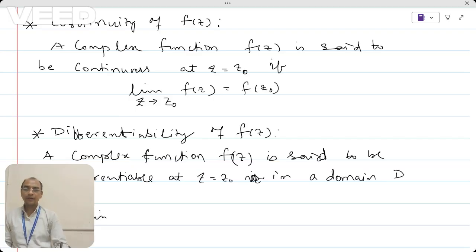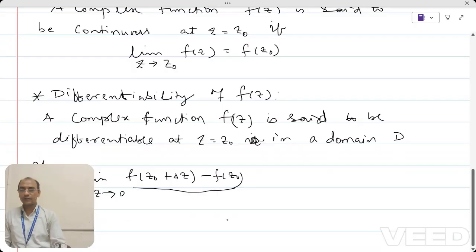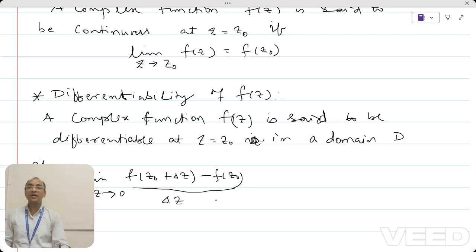limit delta z tends to 0, f of z0 plus delta z minus f of z0 divided by delta z, provided this limit exists.